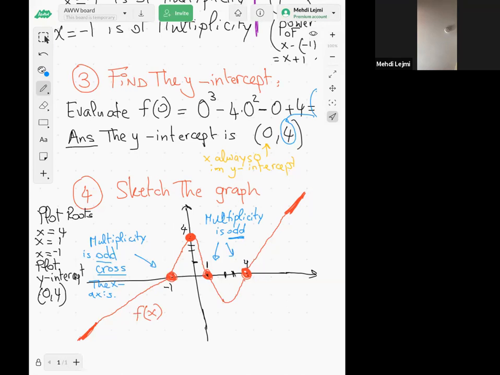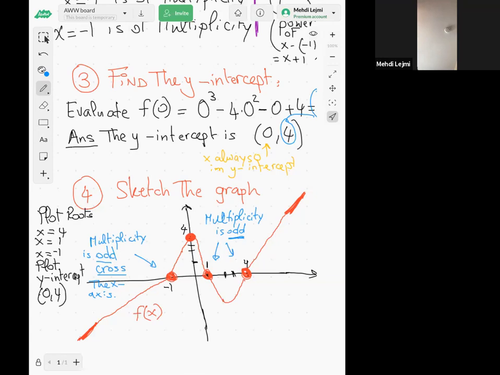If you don't find a common factor, you can try partial factoring, but sometimes partial factoring doesn't work. So we're going to see a third way to factor polynomials, right?